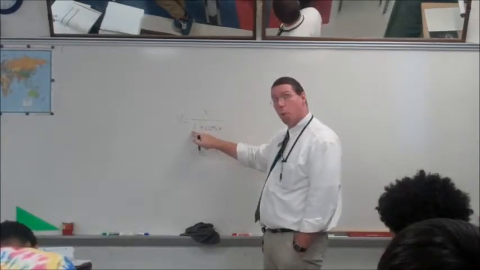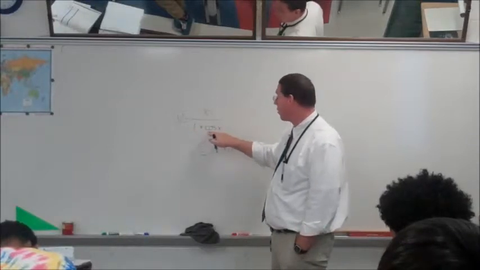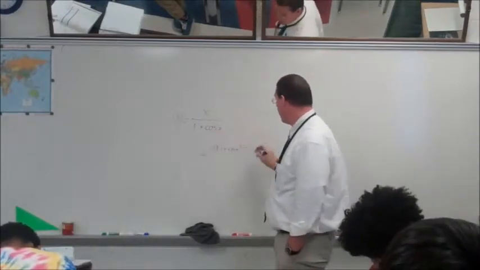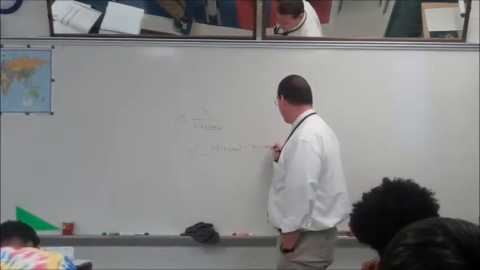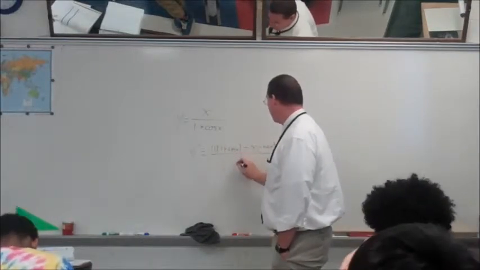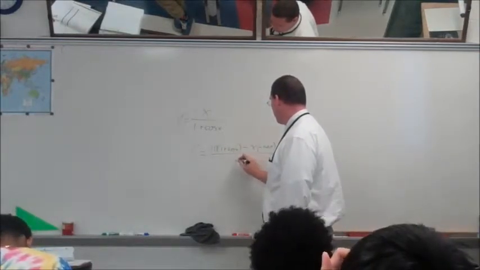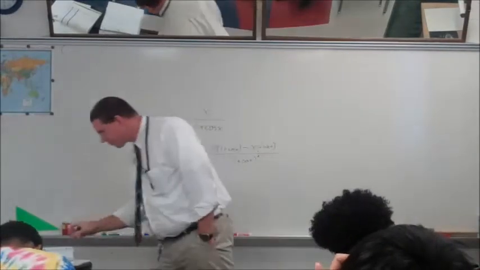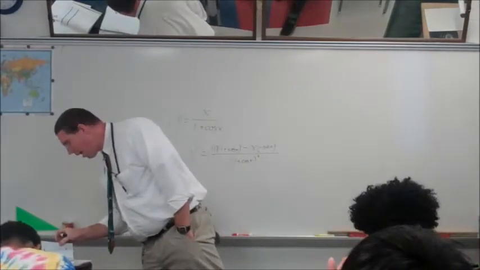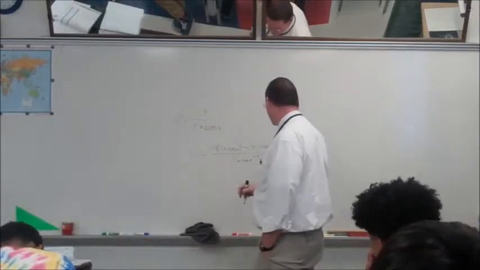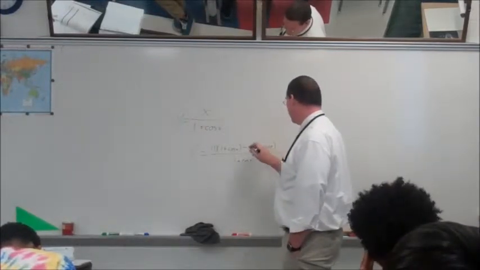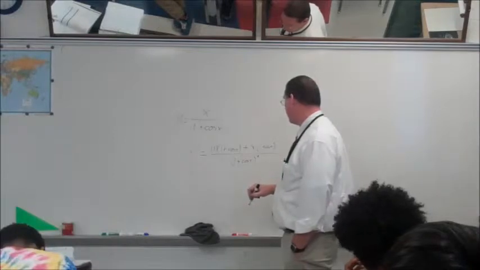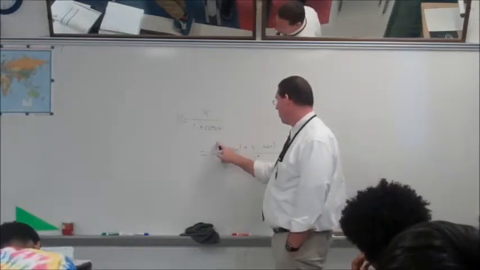Now, the derivative of 1 is 0, plus the derivative of cosine, negative sine, over the bottom, 1 plus cosine squared. Now, actually, I would just leave it like this, honestly. I would change this to a plus because of the negative sign, and then get rid of the 0.